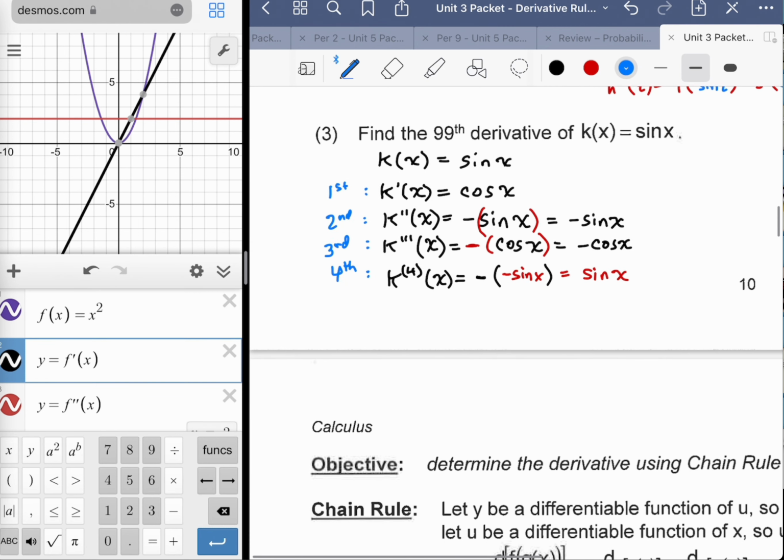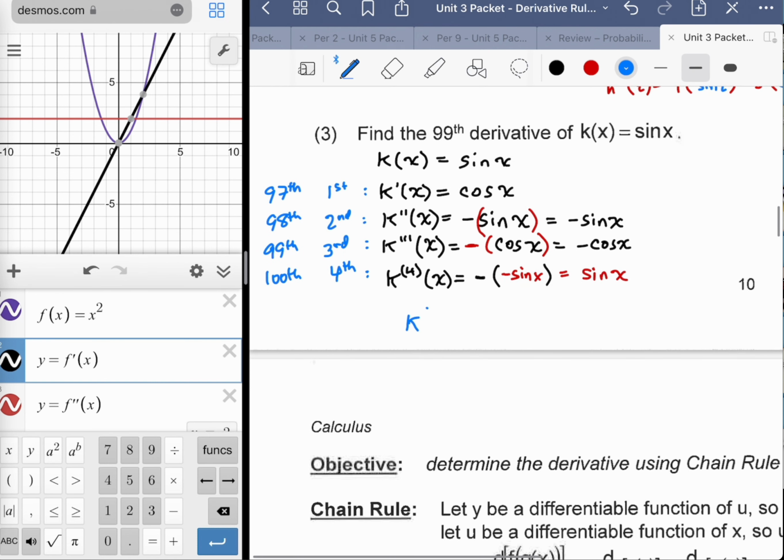If we cycle back and forth over and over, eventually we would get to the 100th, and we could work our way back: 99th, 98th, 97th, 96th, 95th, all because it's multiples of 4. So the 99th derivative would be negative cosine of x. Notation-wise, I would say k superscript in parentheses 99 of x would be equal to negative cosine of x.